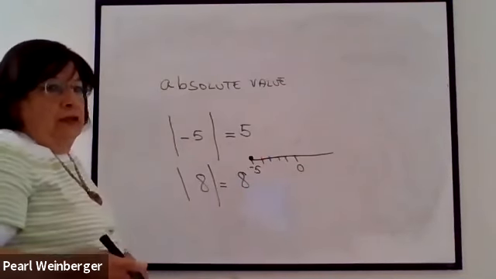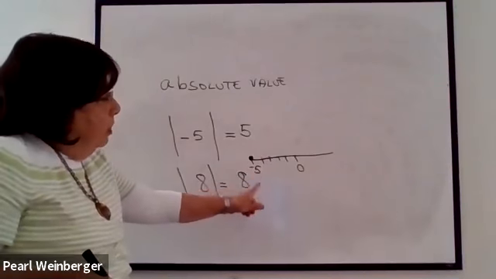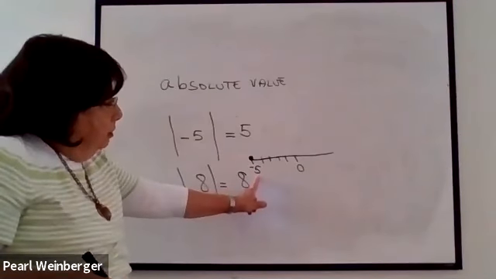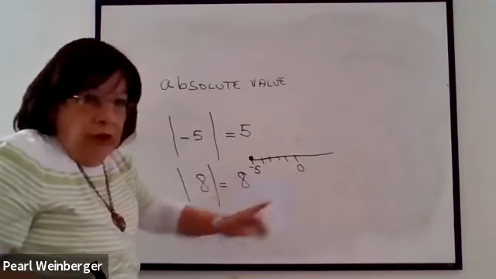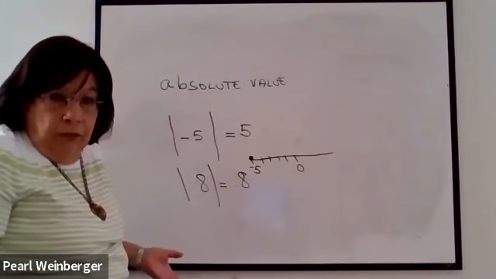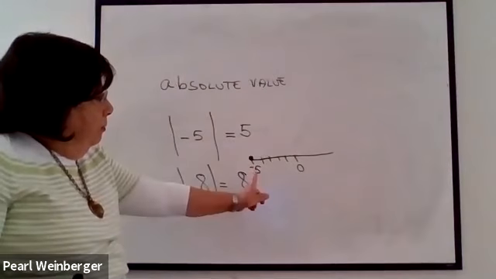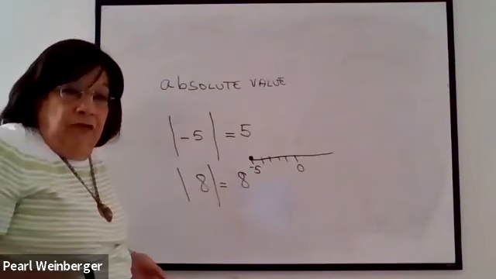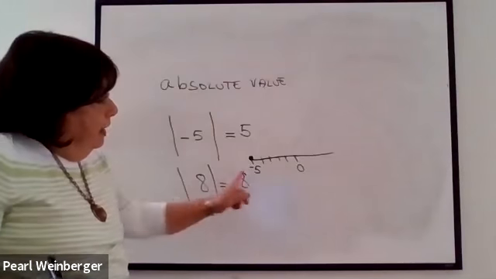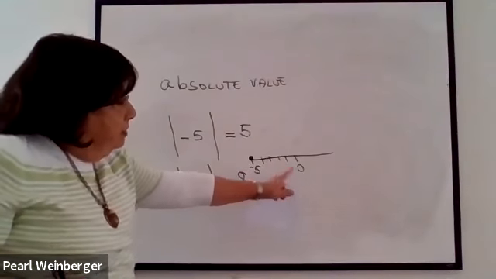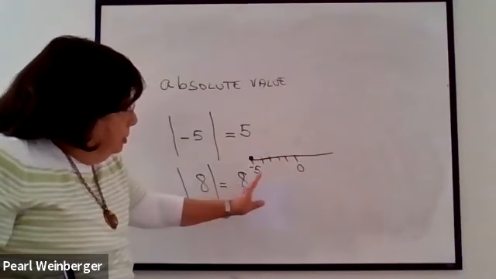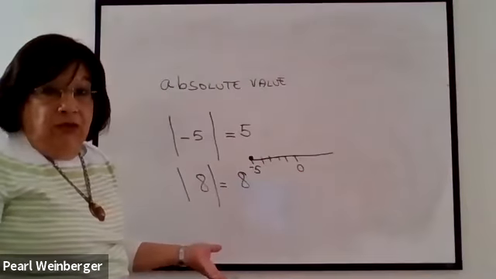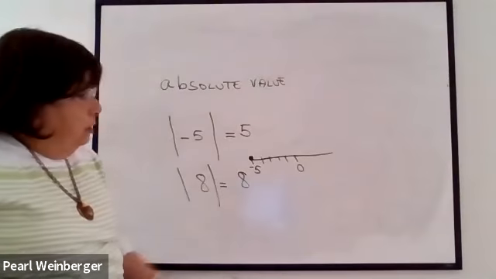What if I ask this question? How far is that number from the origin? The origin is the starting place of all numbers, right? If I have the number -5, how far is it from the origin? How many steps do I have to take to get to the origin? Well, it's obvious. The answer is it's 5 steps or 5 units.